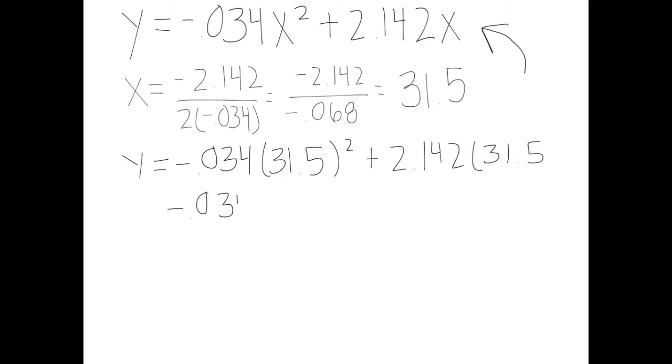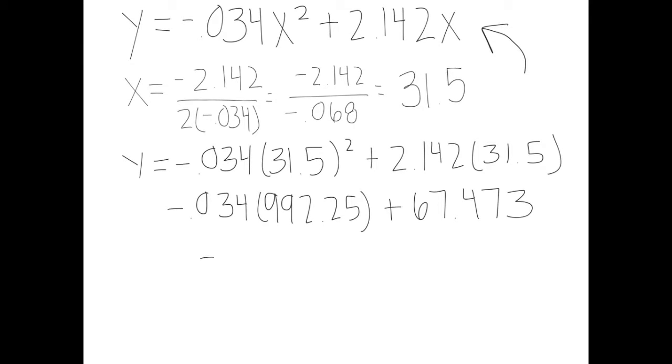So negative 0.034 times 31.5 squared, which is 992.25, plus 2.142 times 31.5, which is 67.473.